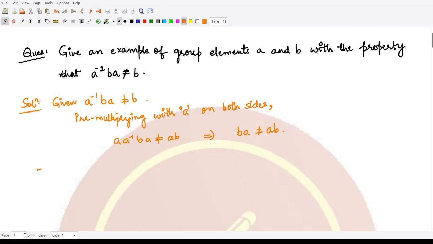So does anything come to your mind at first? Let me take an example of the group. Let's take this group as S3, right? What is S3? It is the symmetry group, and it has how many elements? 3 factorial.